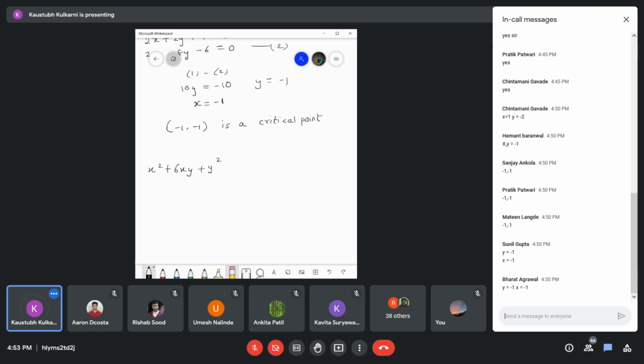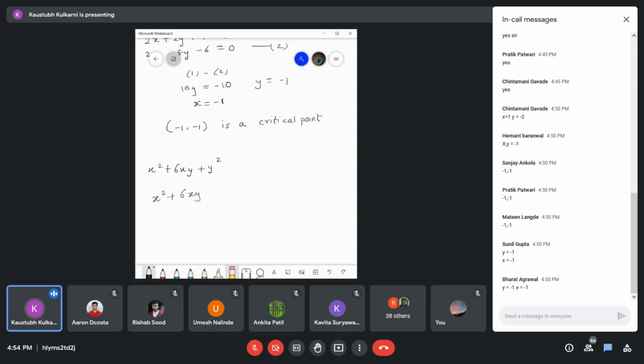So we try to complete the square. A plus b square is a square plus 2ab plus b square. So x square plus, now you cannot do anything with the 6xy, so keep 6xy as it is.